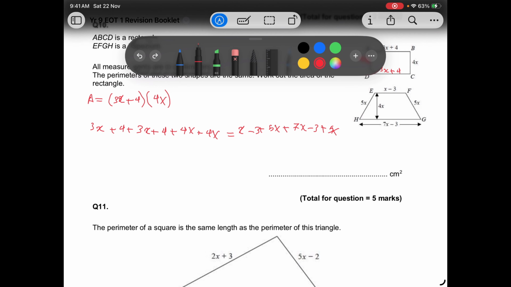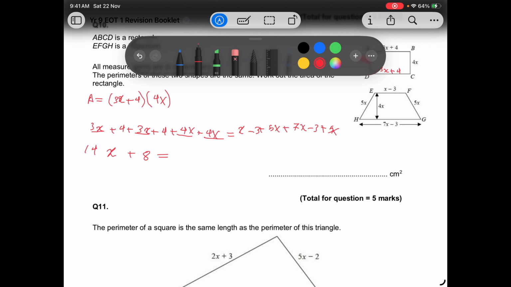Now, look, I have here 3x, 3x, 4x, 4x, and 4 and 4 is 8, 6 will be 14x. 14x, and I have plus 4, so in total it will be plus 8, equals, I have x, x minus 3, so x plus 5x.